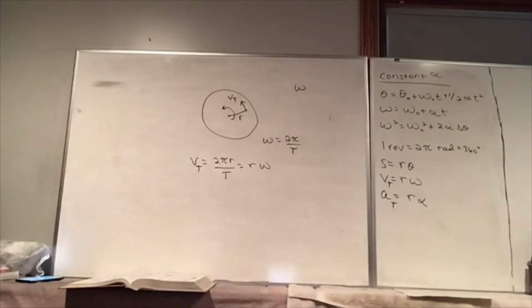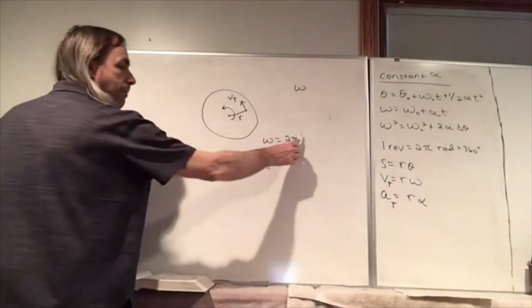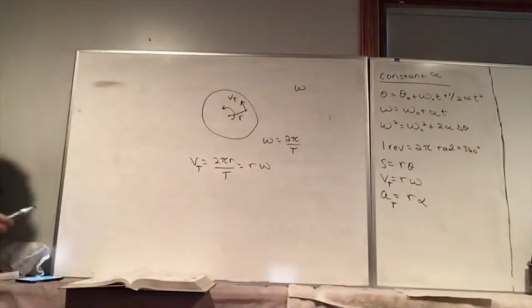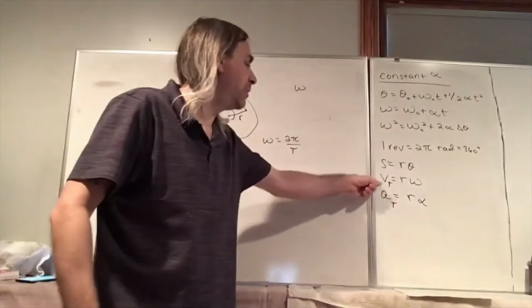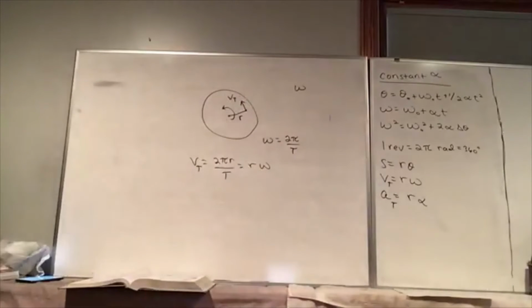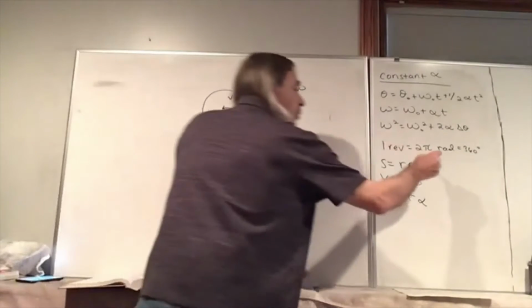And we're using radians here, because the distance that we complete in 1 rotation, we wrote in terms of radians. And so all of these equations are only valid if we are using radians. So let's make another note of that.